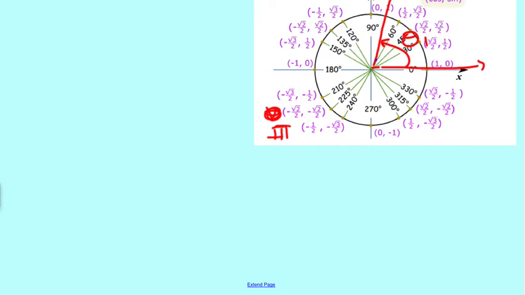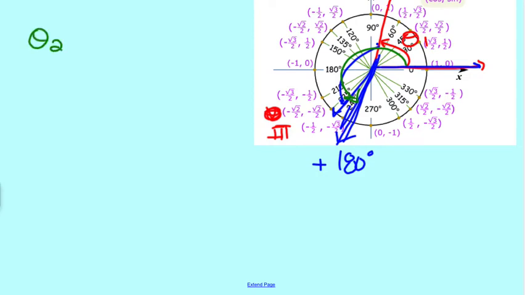So if I take this much more degrees, what is that straight across? You have to add another 180 degrees to get that place. So to find theta 2, right here in the green, the other angle between 0 and 360, you're going to take theta 1 plus 180 degrees.